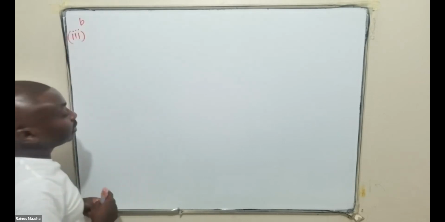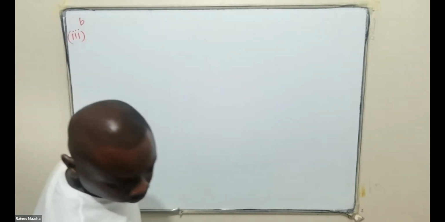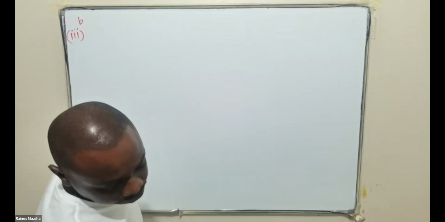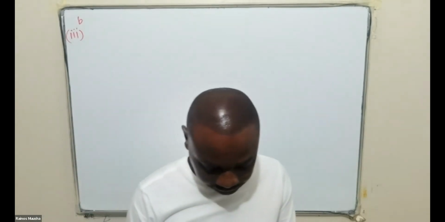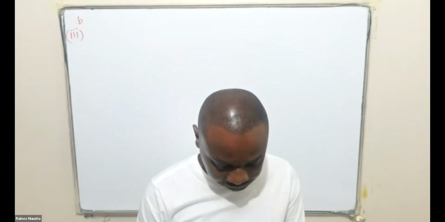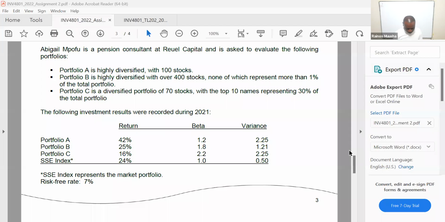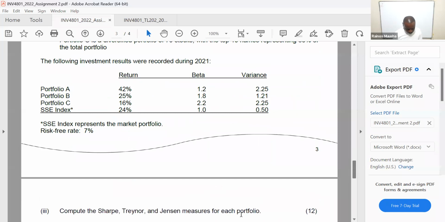Look at part 3 of question B. They give us that information and they say, compute the Sharpe, Treynor, and Jensen measures of each portfolio. So they ask us to calculate the Sharpe, Treynor, and Jensen measures of each portfolio.